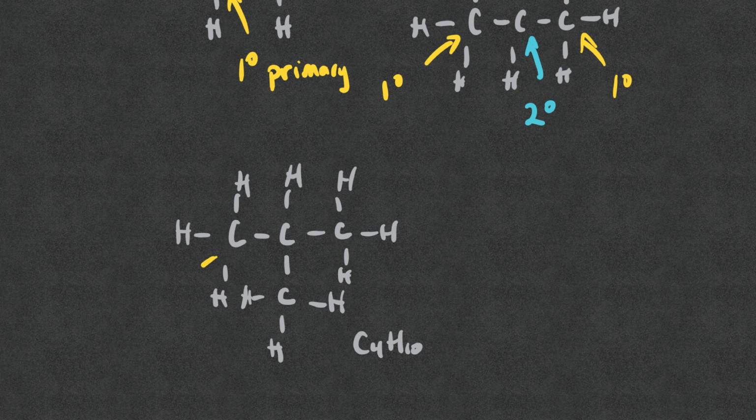So this is a primary carbon. All right. When we're looking at this carbon here, it's only attached to one as well. So this one is also a primary carbon. Well, when we're looking at this carbon here at the very right, this is also a primary carbon. But when we look at this carbon here, it's attached to 1, 2, 3. So what we'll say is that this right here is a tertiary carbon, all right, because it's attached to 3 other carbons.